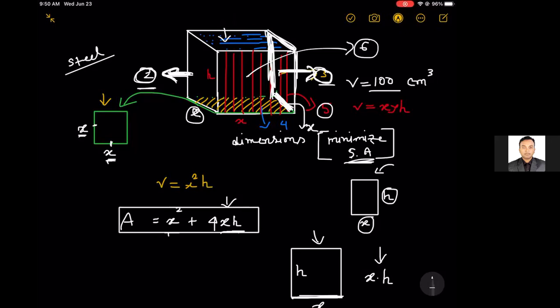Okay. So now we know the volume, we know the surface area. We are looking to find the dimensions which will minimize the surface area. Okay, now let's see if we have anything else to deal with.